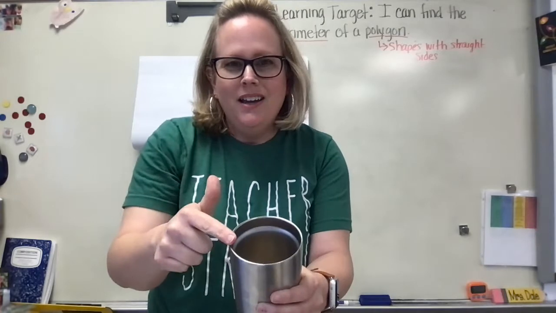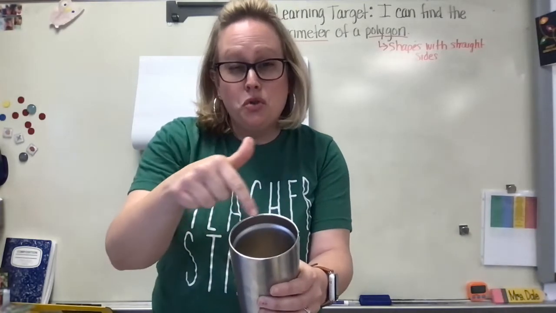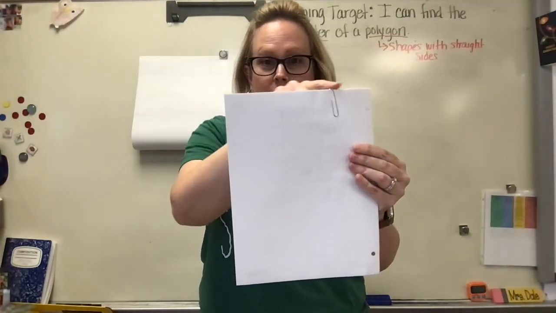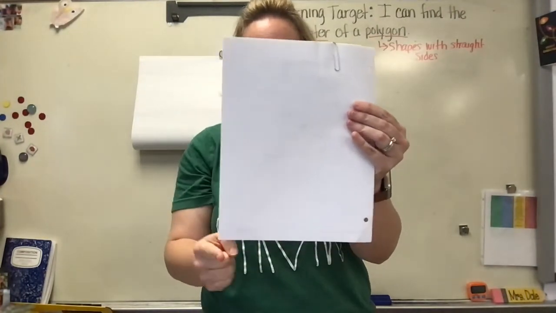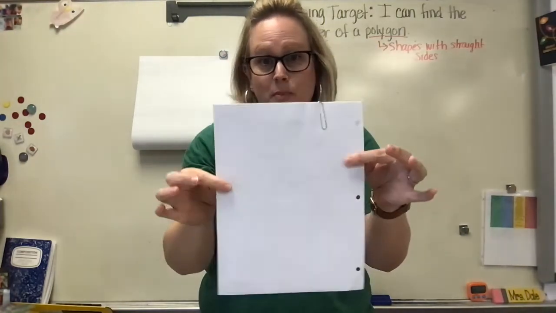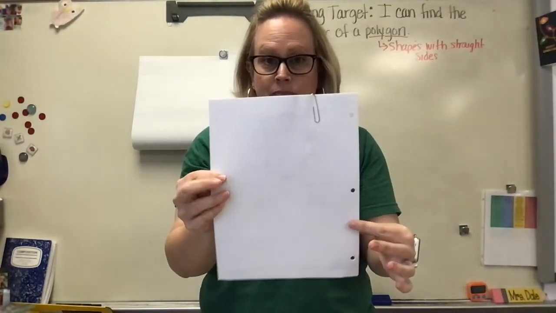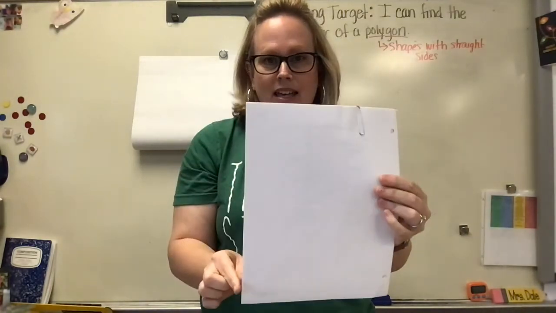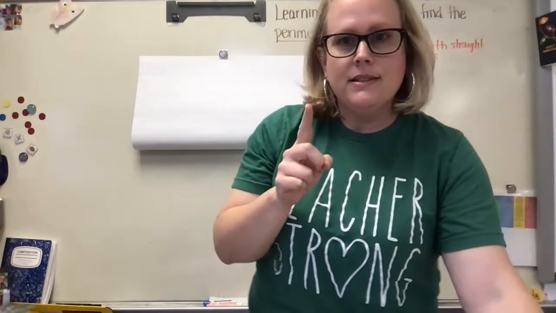Now, this one's not a polygon because this isn't straight, but the rim is the edge, okay? If we wanted to look at the rim of this paper, we would be looking at the outside edges. And this is a polygon. These are straight sides. So rim is the outside edge. I want you to remember that.